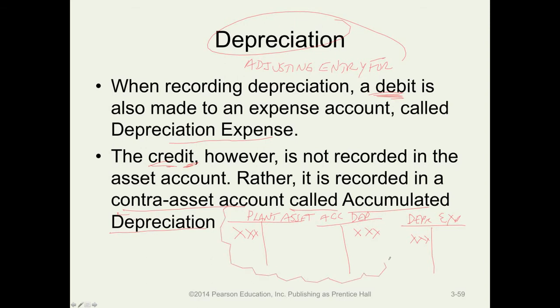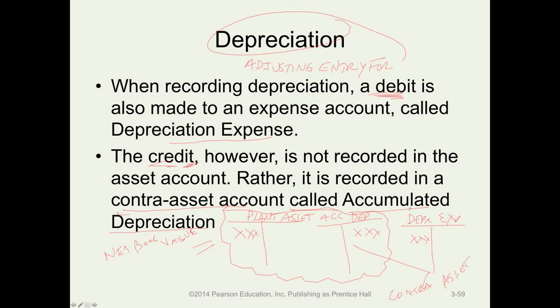This is a contra asset. It's an offset. Contra asset. And together, they form the net book value. Net book value, net carrying value, or the net asset value.